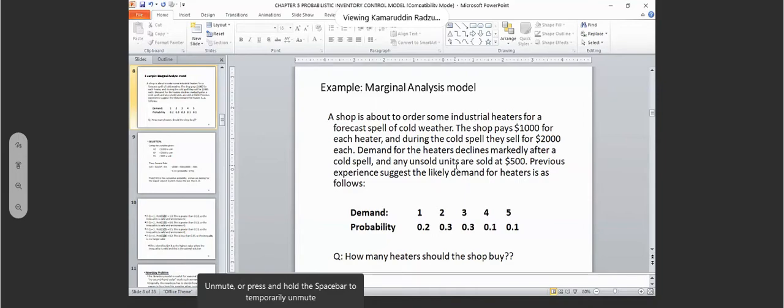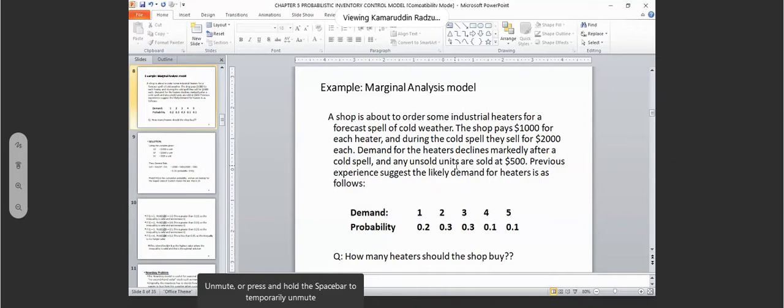Heater yang digunakan pada musim sejuk. Dan daripada data-data yang lepas, jadi dia buat keberangkalian, kan? Dia bangunkan keberangkalian permintaan daripada customer.